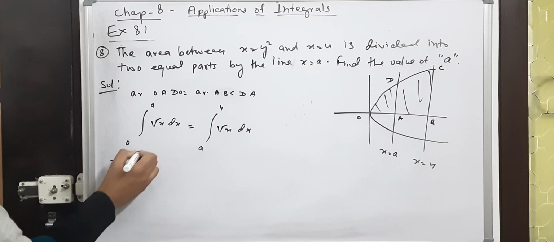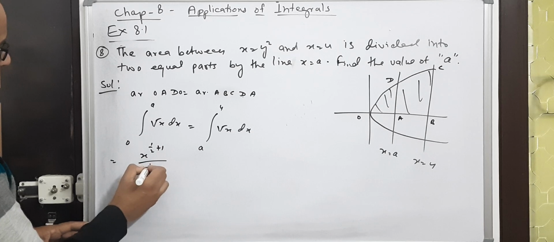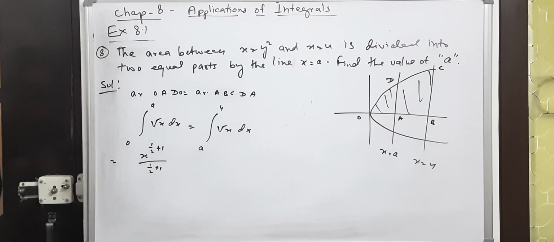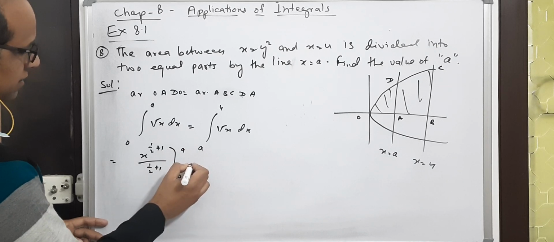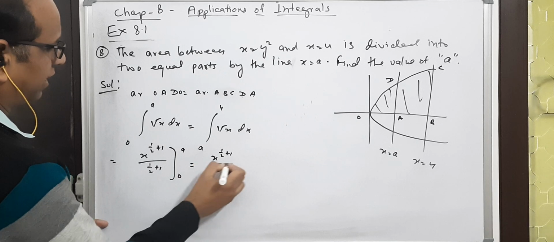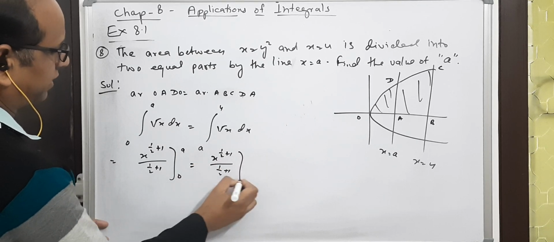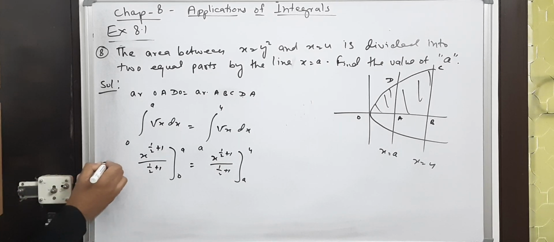Now we are simplifying this. So x power half plus 1 and half plus 1, and the limit is 0 to a, equals to x power half plus 1 and half plus 1, and it is a to 4. So now see the part.